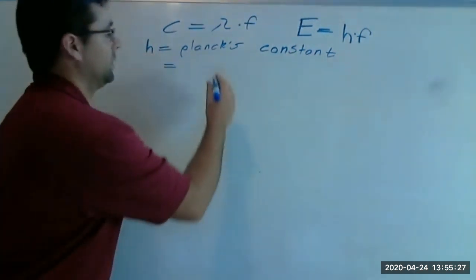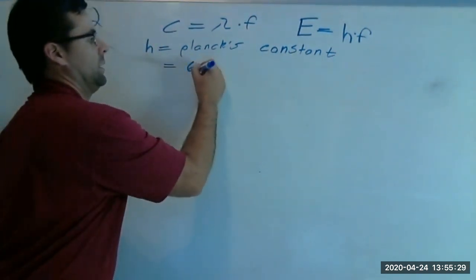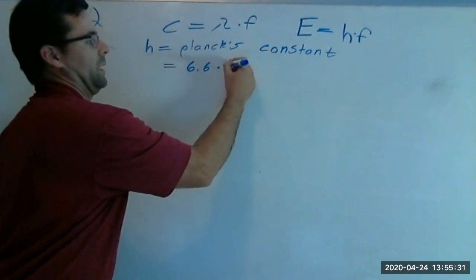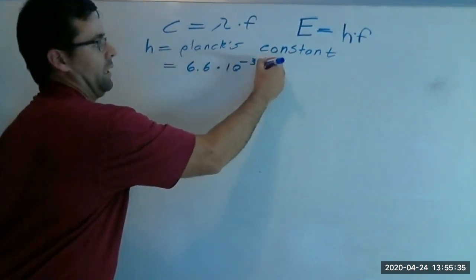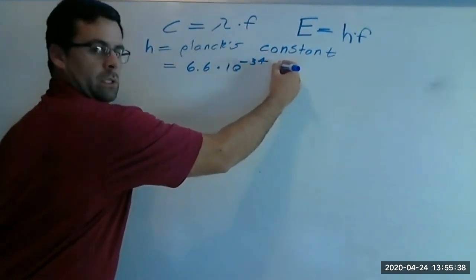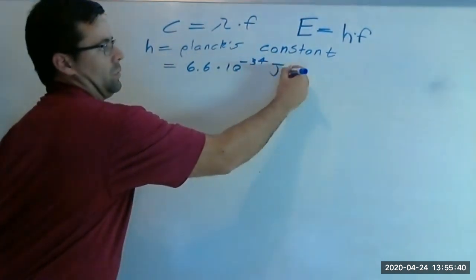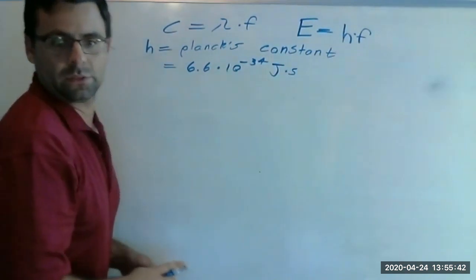Which is 6.6 times 10 to the negative 34 joule seconds.